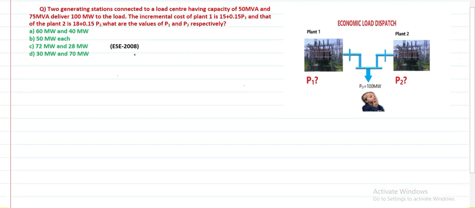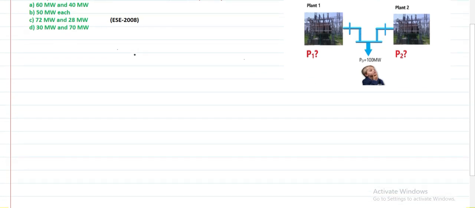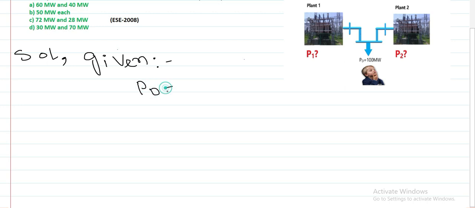Now let's start. Firstly, it is given that PD is 100 megawatt. That is, P1 plus P2 is 100 megawatt, right?